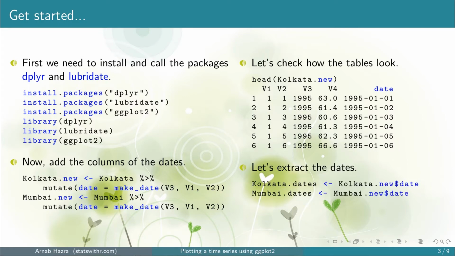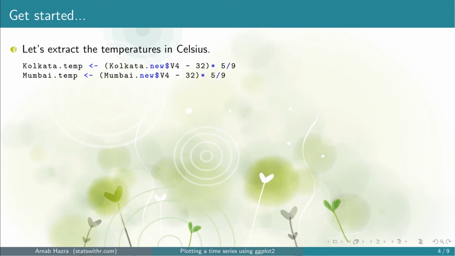Next, just for simplicity, extract the dates from the data frames and store them into the vectors kolkata.dates and mumbai.dates. Also, let's extract the temperature values. Here we convert the values to the Celsius scale using the well-known scaling C/5 equals to (F-32)/9.